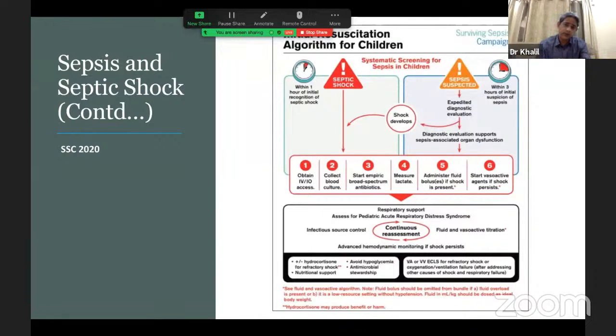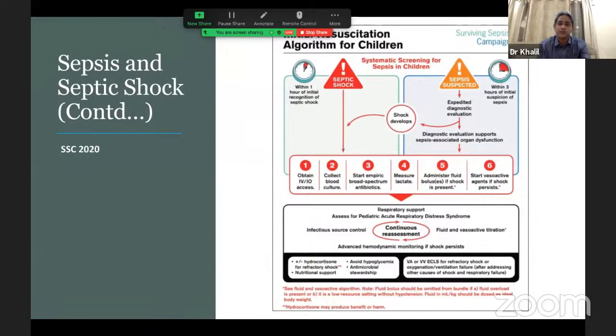Again, regarding the fluid boluses, we will be seeing in the next slide what is the optimal choice of fluid, how fast it should be given, and what is the continuous assessment you need to follow when you manage these children. It's not like you just advise fluid and you go away from the scene.